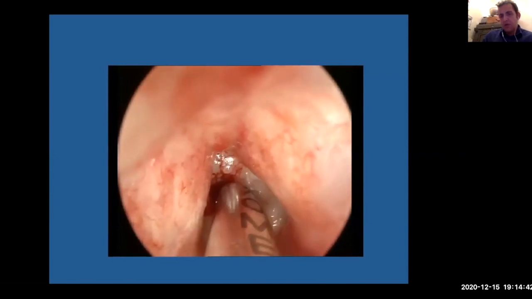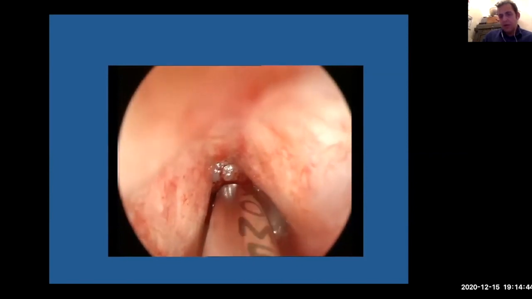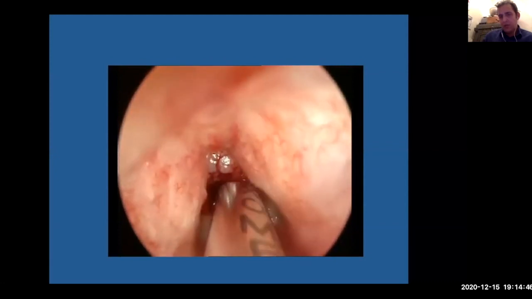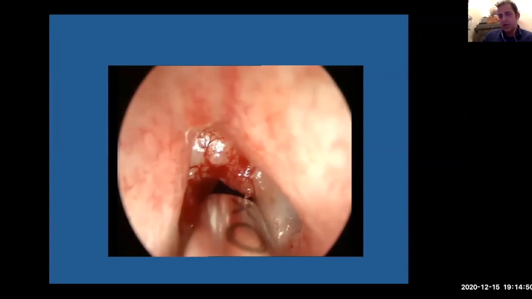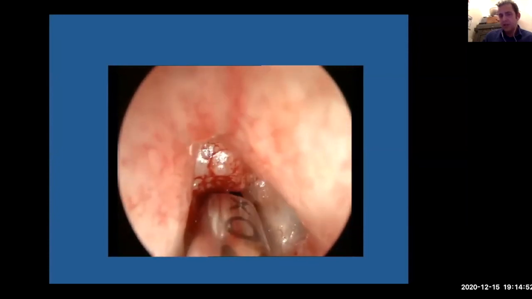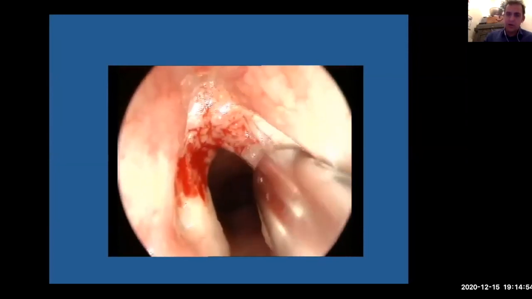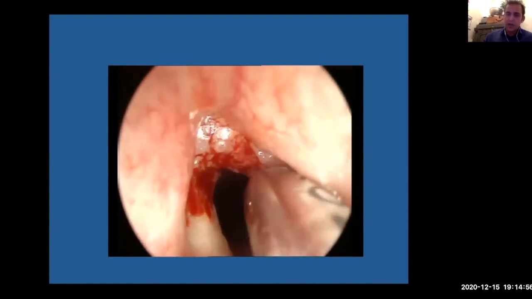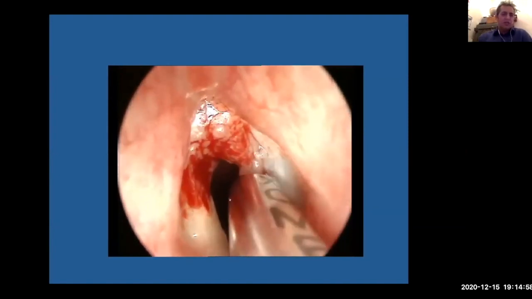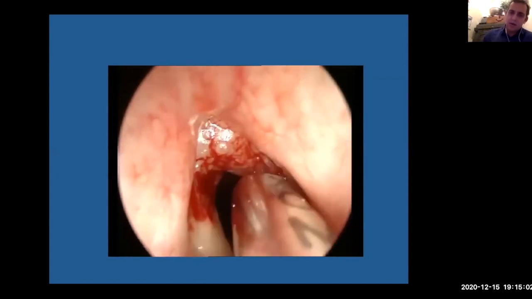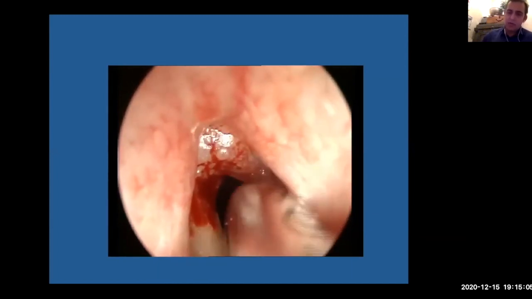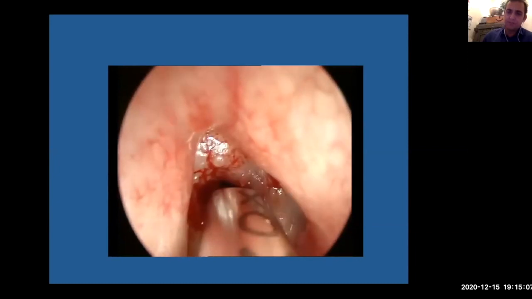We try to avoid the anterior commissure, and if we're going to clear the vocal cord within the anterior commissure, we clear it on one side only and leave the other side unaffected, so that you avoid web and scarring formation. What we want to achieve is essentially to give the papilloma a haircut and wait for it to hopefully go into remission when they're a bit older.